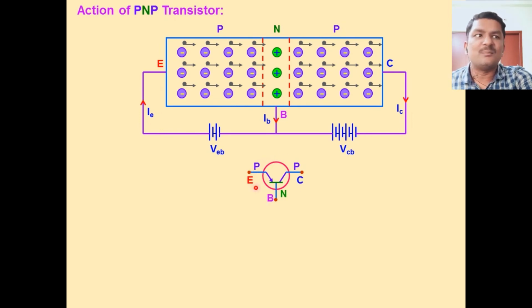This is the symbol of the PNP transistor, and here the conventional current is from emitter to base.